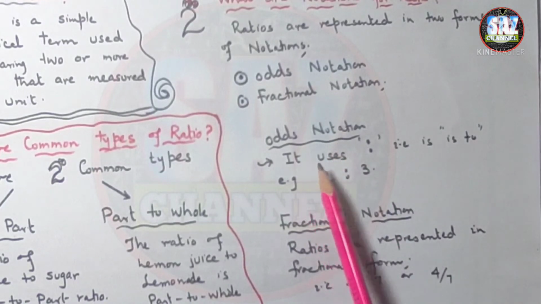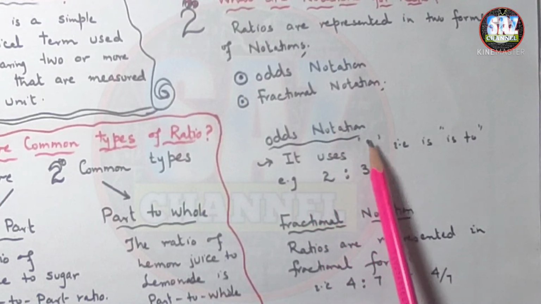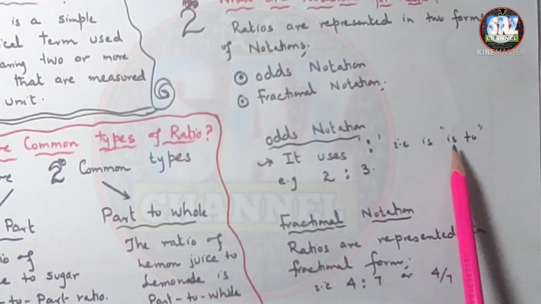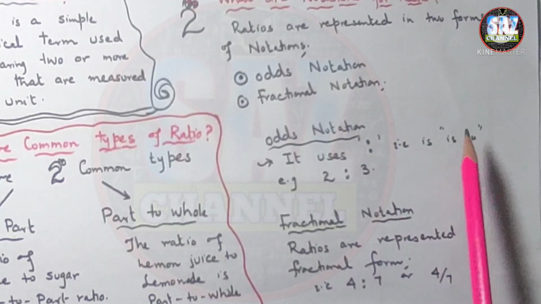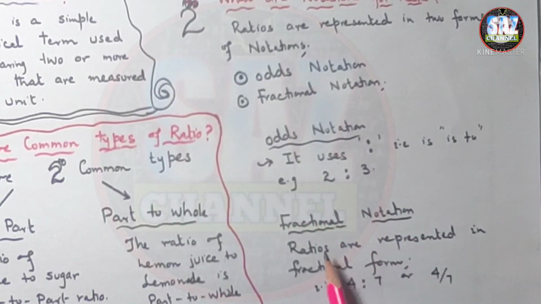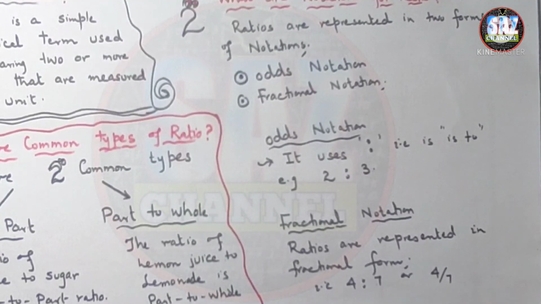In the odds notation, we use two dots, read as colon, and we read it as 2 is to 3. In the fractional notation, the ratios are represented in fractional form, that is, the question is given like 4 is to 7, or 4 ratio 7, or we can write it as 4 by 7.